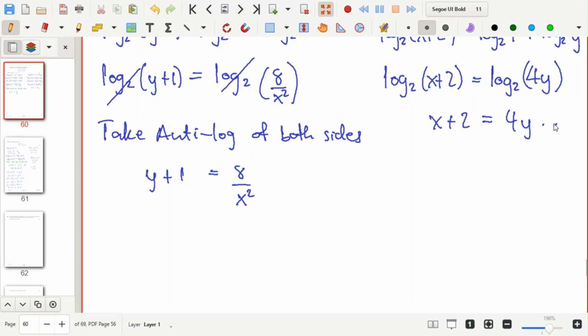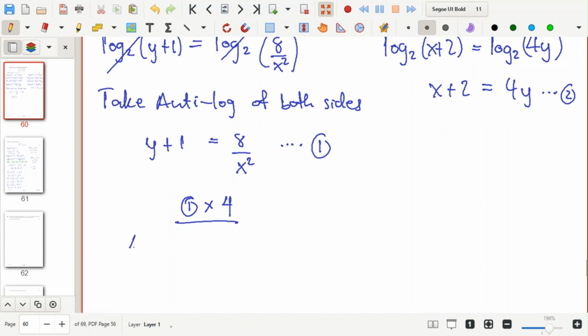Let's call this equation 2. Let's call this equation 1. So this is what I'll do. I'll take equation 1, I'll multiply it by 4. If I do so, I'll get 4y plus 4 is equal to 32 on x squared.